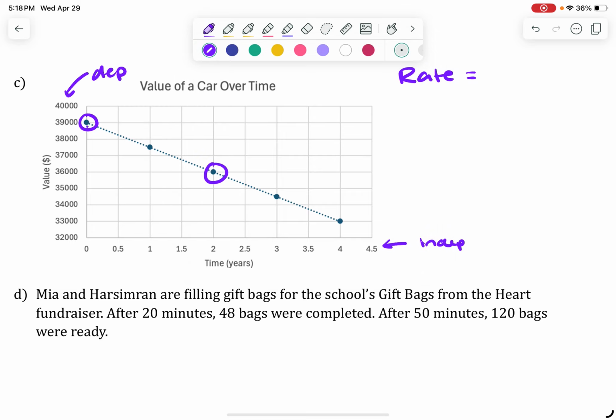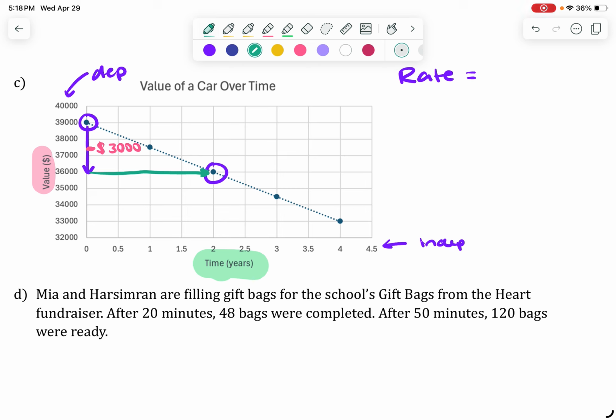When I take a look at this, I'm noticing that I am traveling down and I'm traveling in the dollars region here. So I'm traveling down. How far am I traveling down? I'm going down by $3,000. So I'm putting a negative, and I have $3,000. And then I'm traveling from the right. What are my units? My units are in years.